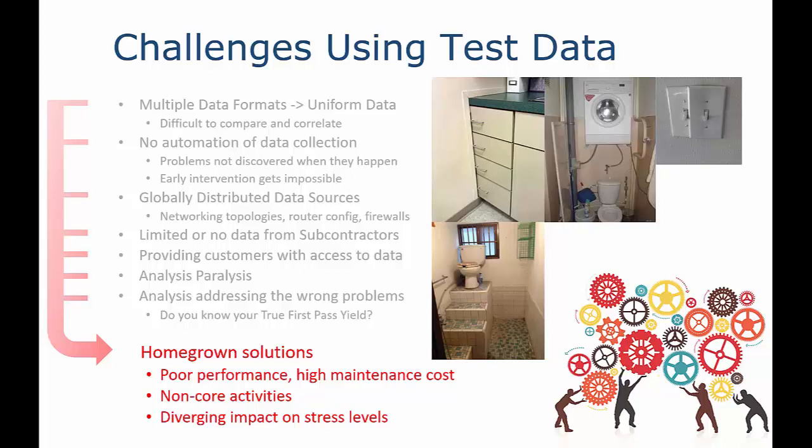Solutions that add low relative value, have high internal cost, and take focus away from your core activities. In addition, the inability to be proactive often carries a heavy stress burden on both managers and engineers, who might even have to travel across the world on short notice to engage in firefighting.